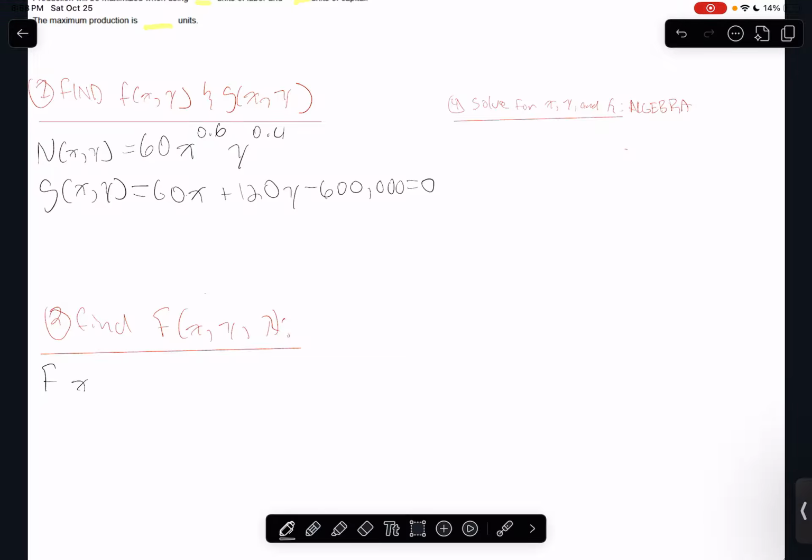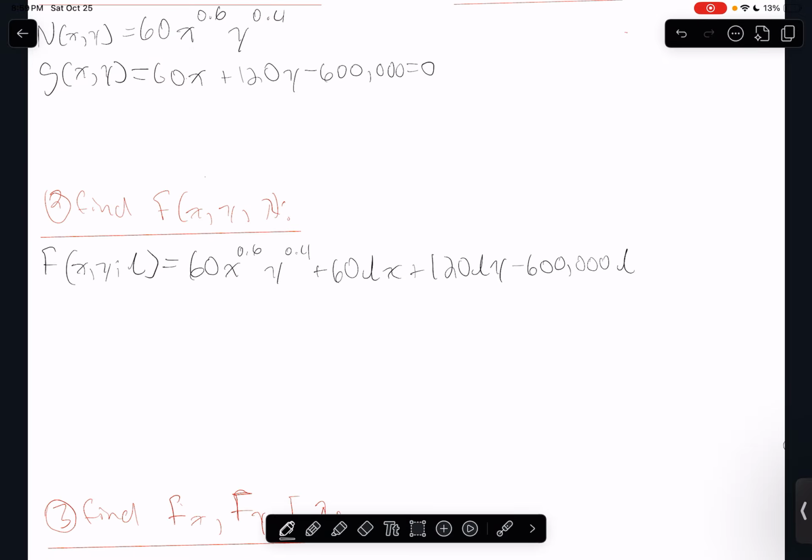F of x, y, lambda is going to equate to 60x to the power of 0.6, y to the power of 0.4, plus 60 lambda x plus 120 lambda y minus 600,000 lambda. All right, that's going to be our equation of Lagrange multipliers.